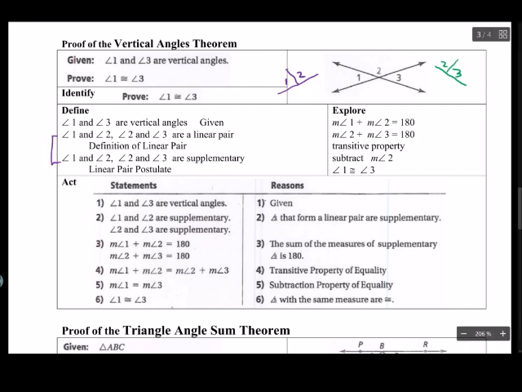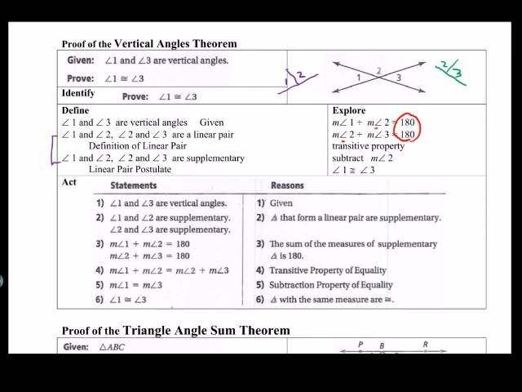Well, it lets us say that the measures of the angles sum to 180. And that gives us this common piece right here. So we want to use the transitive property and then get rid of angle 2 so that we can relate angles 1 and 3. So this is a very simple proof.